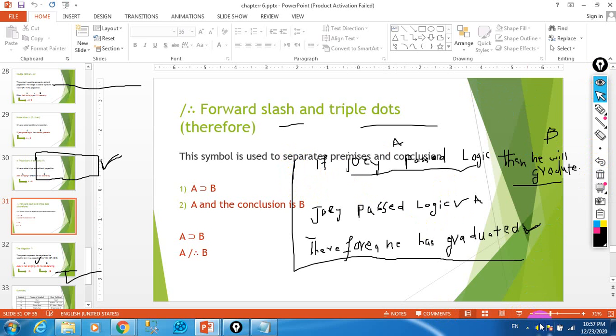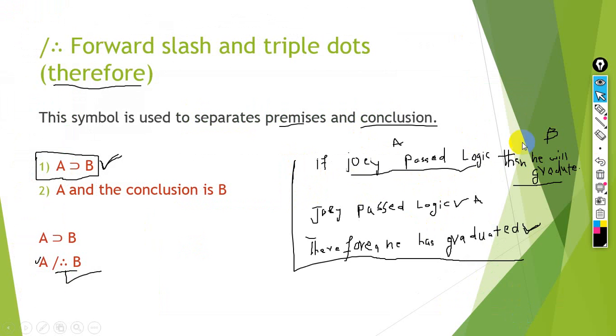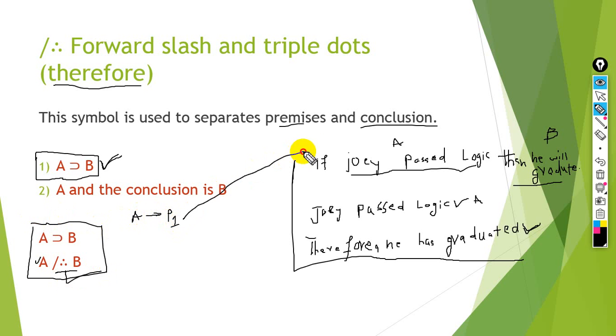Look at this. Here I am writing the complete argument. If we want to represent this argument symbolically in logic, we represent it just like this. For example, A is a proposition, for example Joy passed logic, and second, B is the proposition he will graduate.